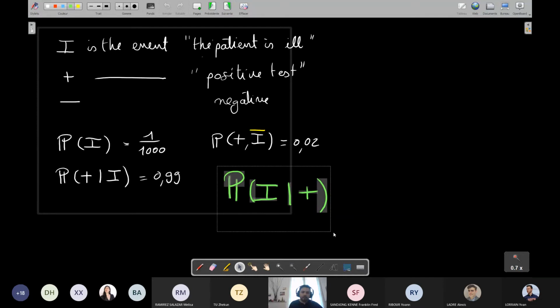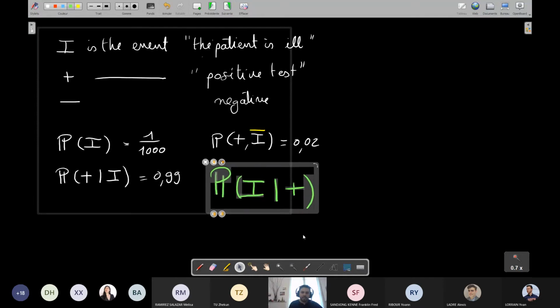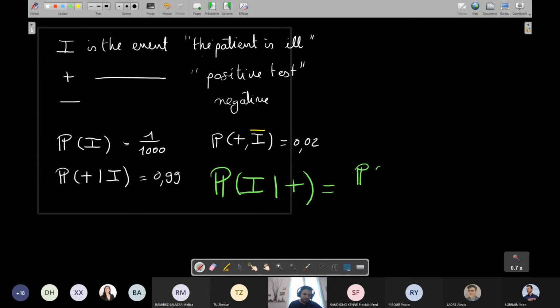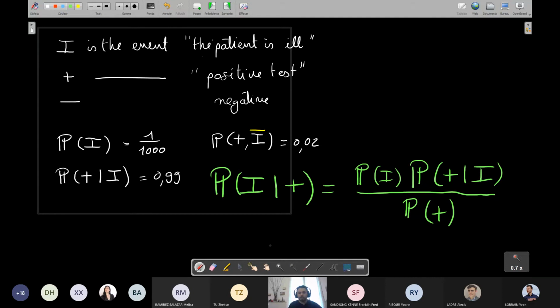So the probability that my patient is ill, given the fact that the test is positive, is equal to the probability of getting a patient which is ill times the probability of having a positive test given the patient is ill, divided by the probability that the test is positive.